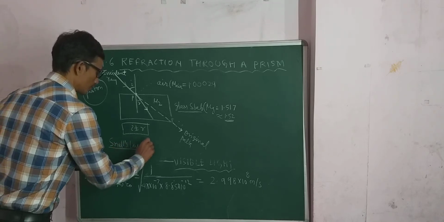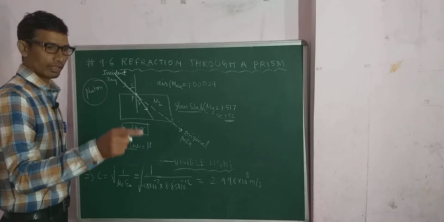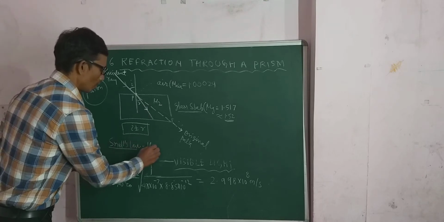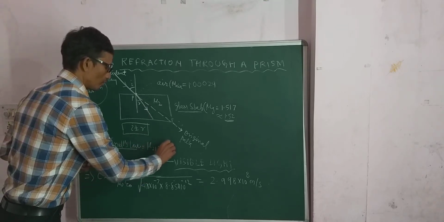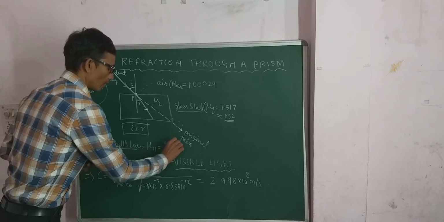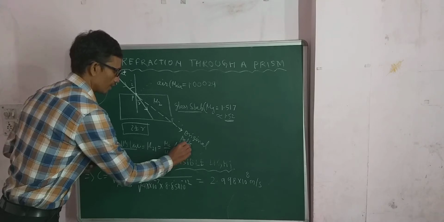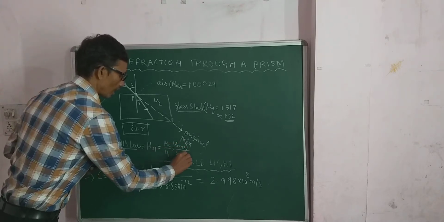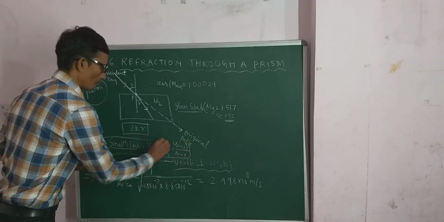Snell's law, that is mu when the light travels from one medium to another. In this case, suppose the light travels from one, then mu 2 into mu 1 equals sine I upon sine R. This is Snell's law.